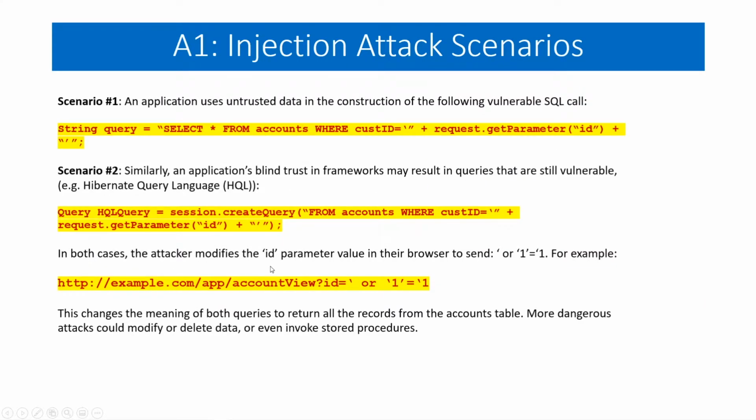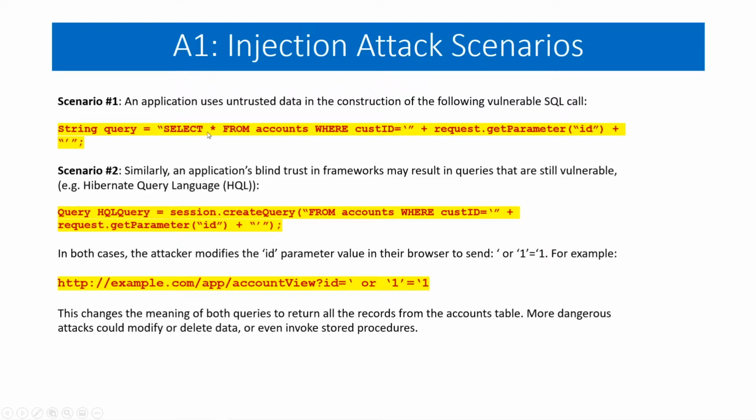And here we have some attack scenarios. So we look at scenario one: an application uses untrusted data in the construction of the following vulnerable SQL call. So you can see here we're receiving a query. It's selecting all from accounts where customer ID equals, and so you see these single quotes are very important.